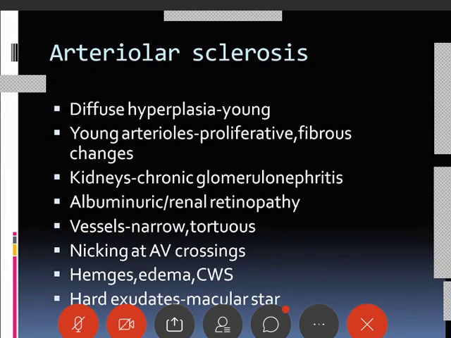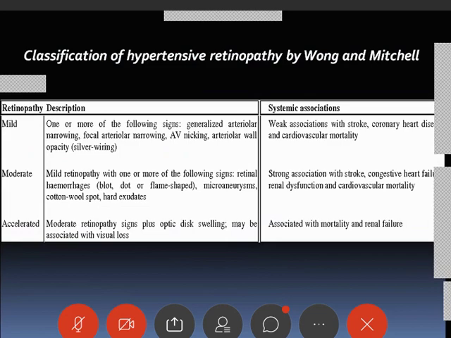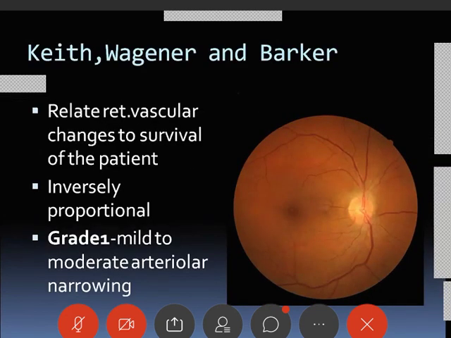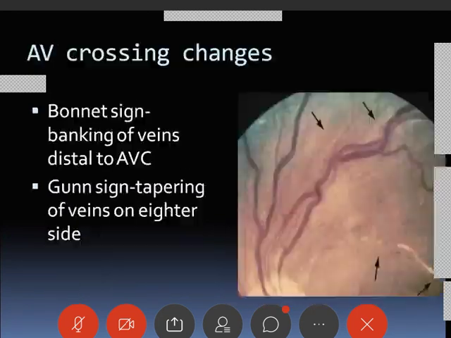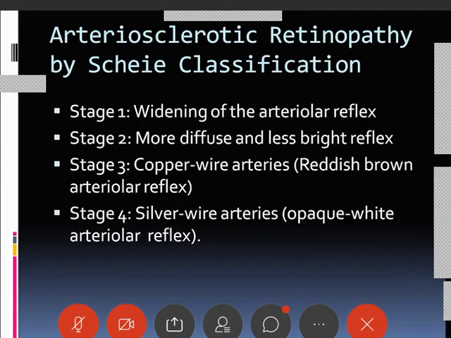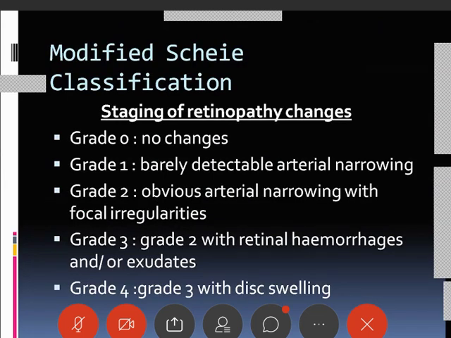So I will just briefly tell you the different classifications: Keith-Wagener-Barker classification, which has 4 grades with different AV crossing changes, and the arteriosclerotic retinopathy classification by Scheie, which has 4 stages.